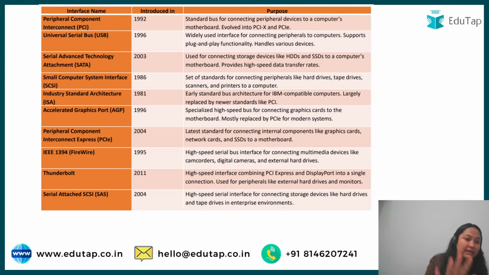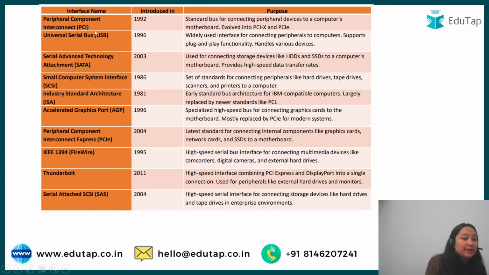Now here are certain interfaces that you will have to see that are also important for our examination. Questions can be asked directly from these connectors. So these interfaces or connectors you will have to cover. Here I have already told you about the Thunderbolt, that is the combination of PCIe and DisplayPort. Similarly, PCIe, the Peripheral Component Interconnect Express, is the replacement of PCI.